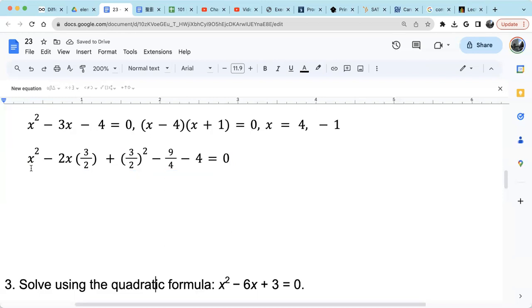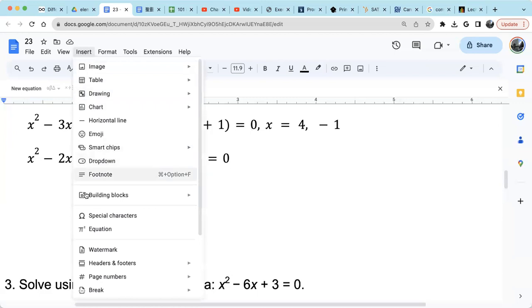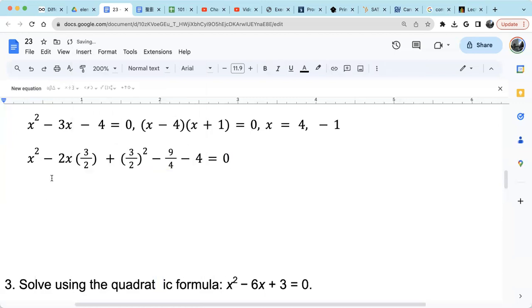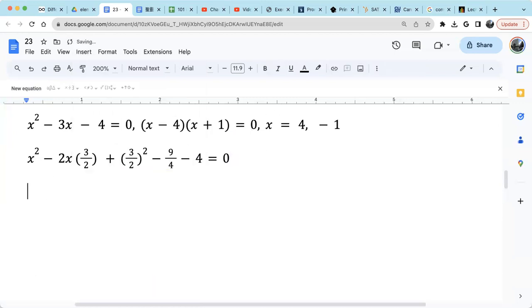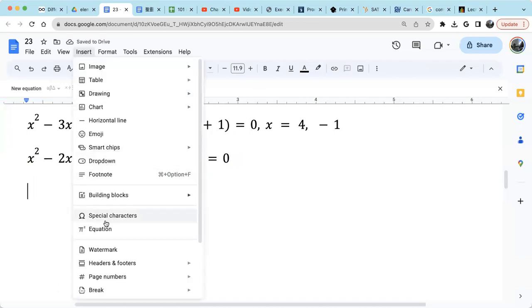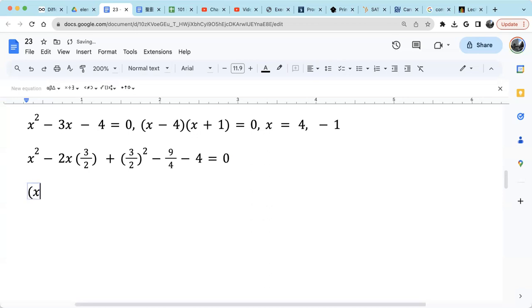But now these first 3 terms give me a perfect square, which is x minus 3 over 2, squared.